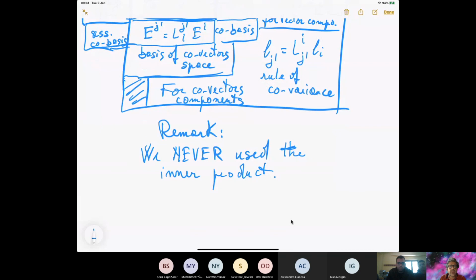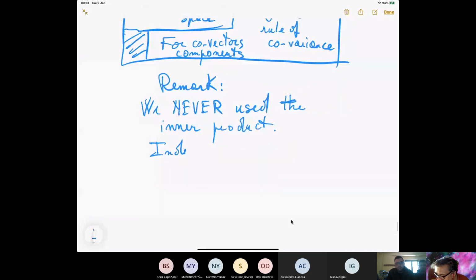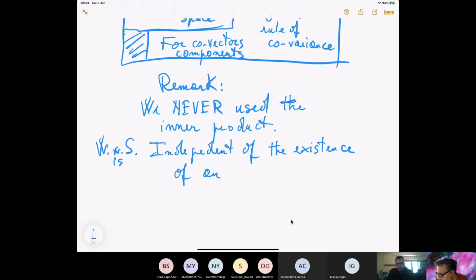So what we are doing is independent of the existence of an inner product.